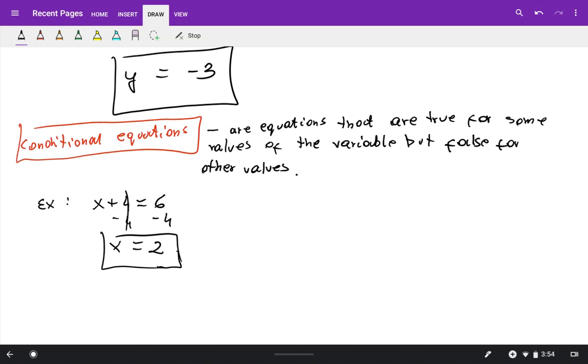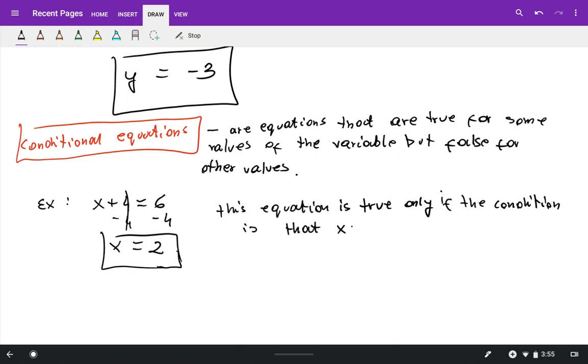Okay, so this equation is true only if the condition, so the condition is that x is equal to 2. Okay, why is this true?